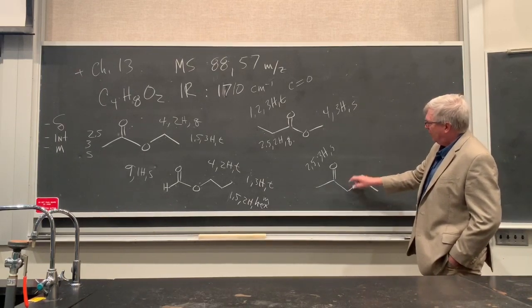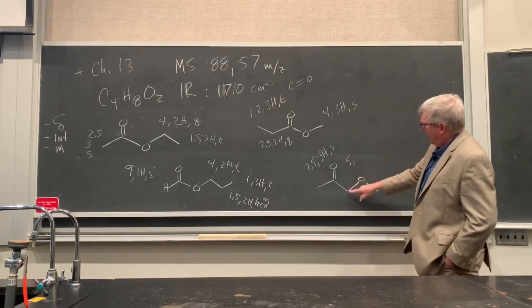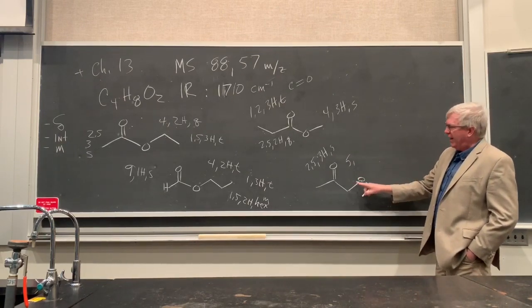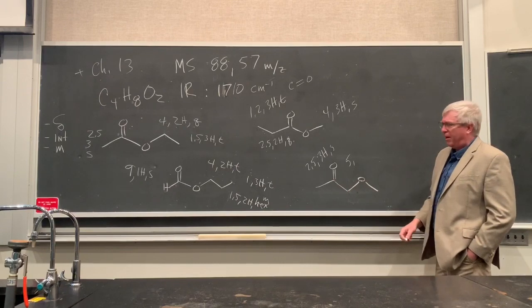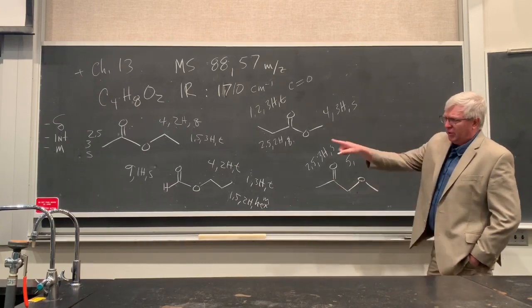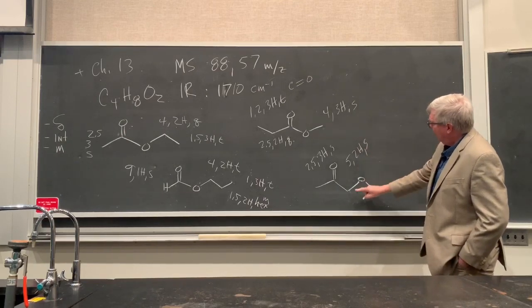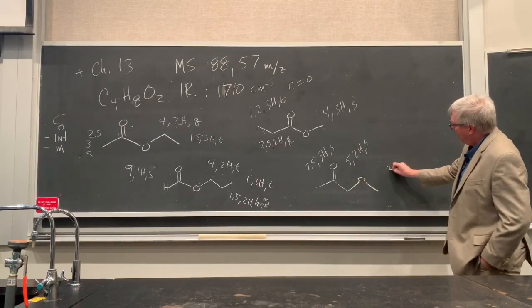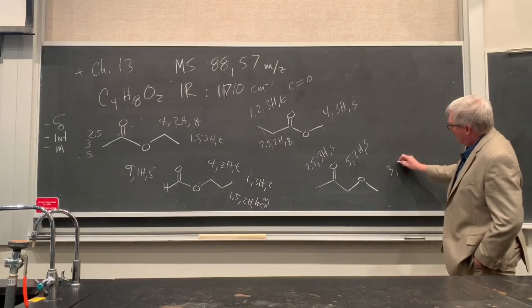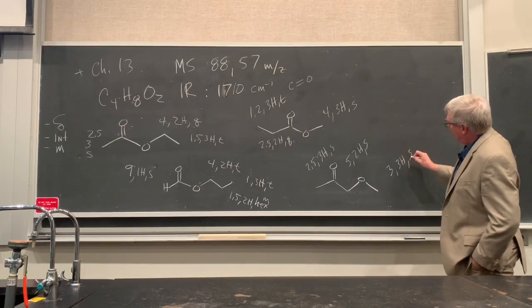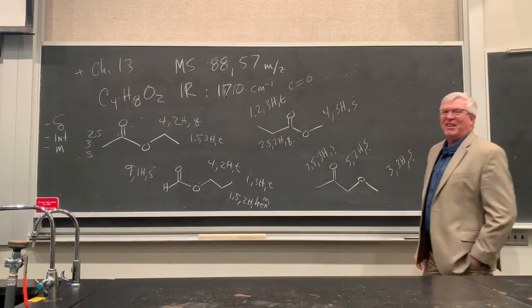So this one will be shifted probably down around 5. Remember, those effects are additive. If you're next to multiple heteroatom groups, you're shifted further downfield. And then 2 hydrogens and still a singlet. This one here, about 3 ppm, 3 hydrogens, and indeed a singlet. Notice they're all singlets there.